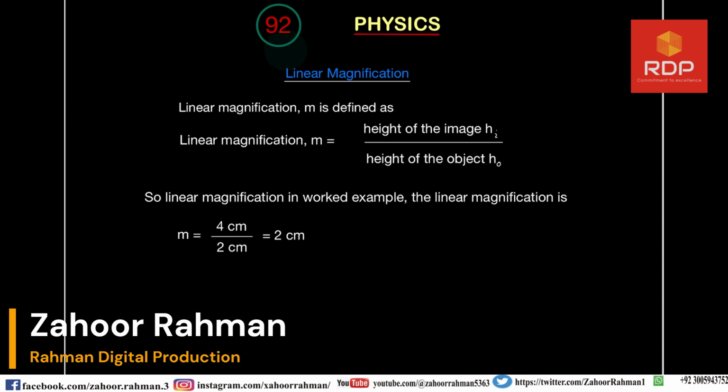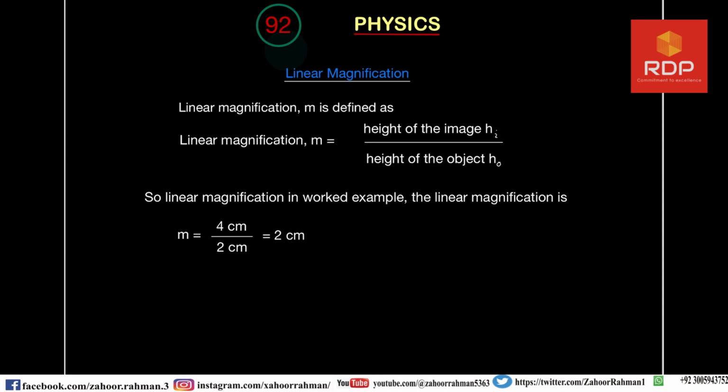The linear magnification, which is denoted by small m, is defined as M is equal to the height of the image hi divided by the height of the object ho. So that is the ratio of image to the object, and whatever the result is, that will be the magnification.